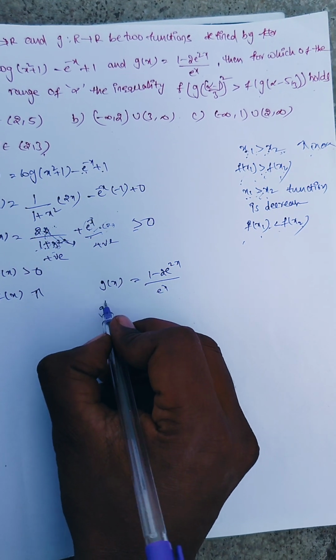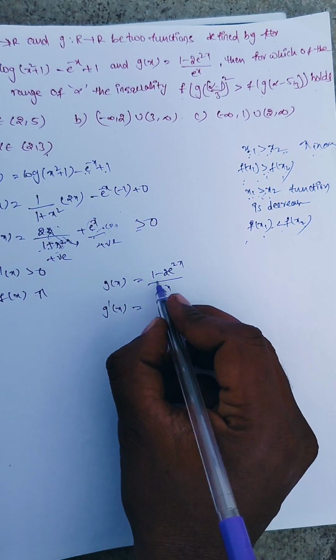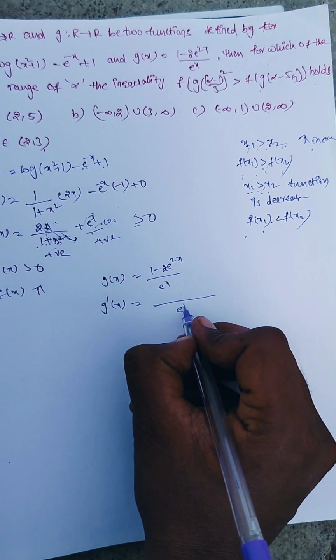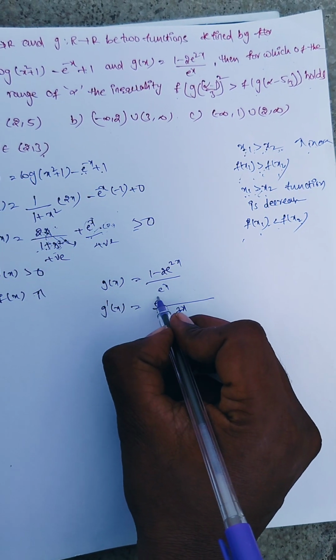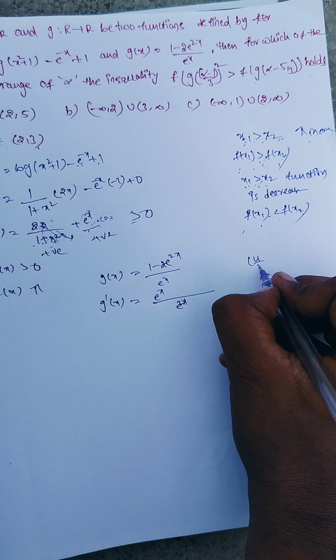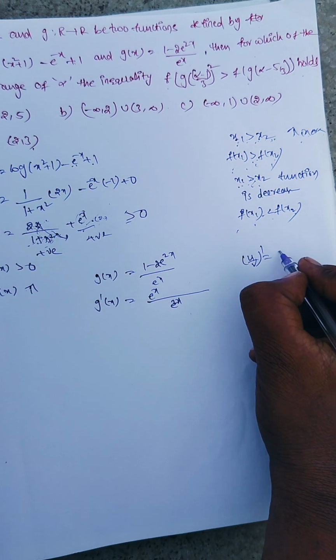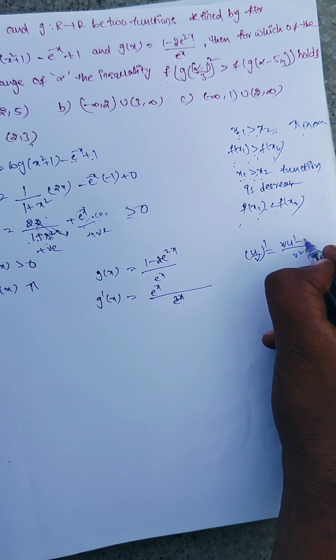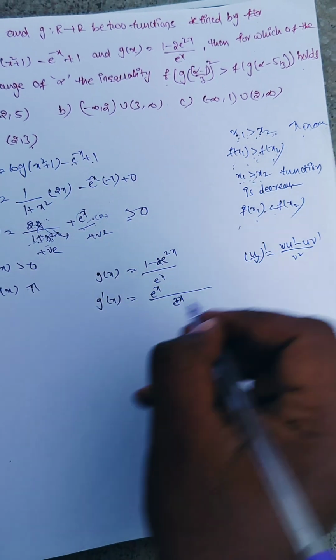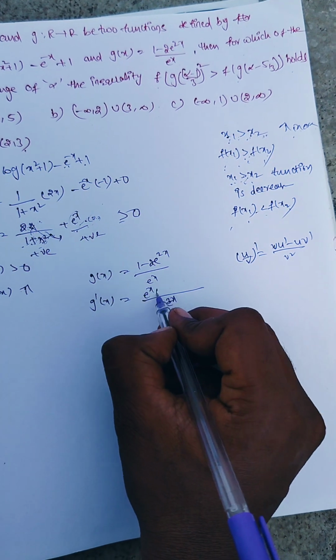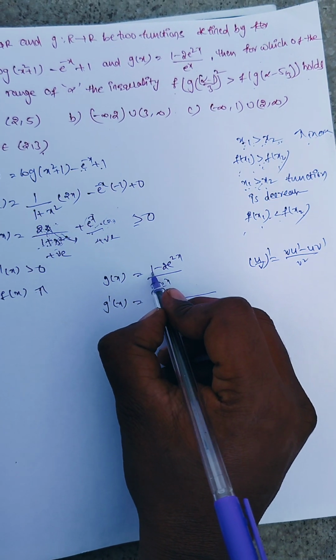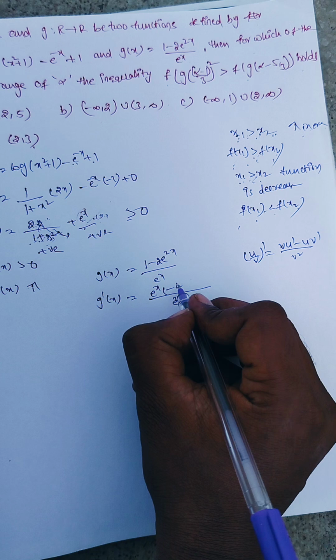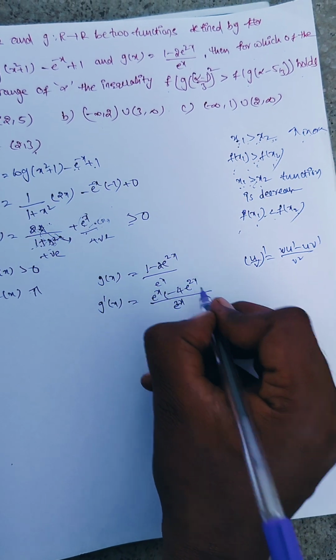Again derivative, g dash of x, by the u by v method, where u is e power 2x. By the u by v method, d by dx of u by v is equal to (v u dash minus u v dash) by v square. v u dash means d by dx of the constant is 0, this gives 4 into e power 2x.